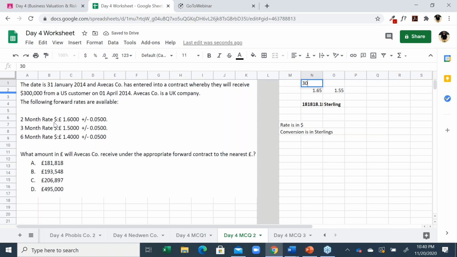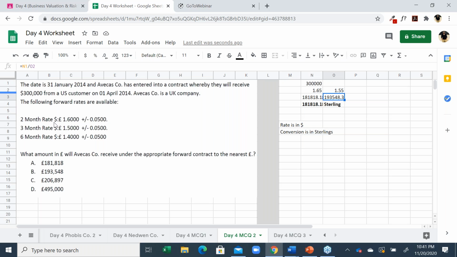If we divide 300,000 by 1.65, we will get 181818. And if we divide 300,000 by 1.55, we will get 193548. So the bank is either going to pay us 181818 or 193548.